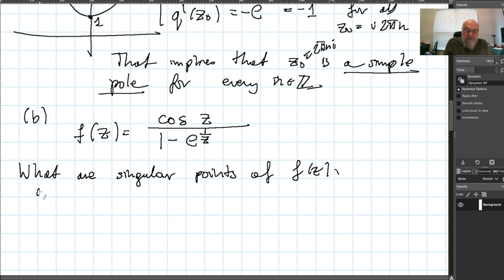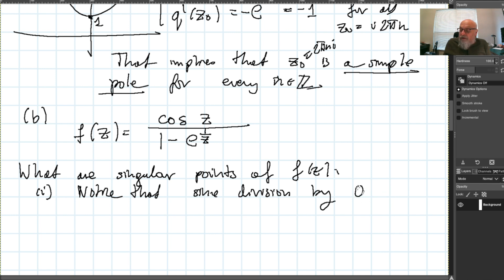Notice that since division by 0 is forbidden, I have definitely one singular point which is equal to 0. You cannot divide by 0, so that means it's not possible. It did not have it here.